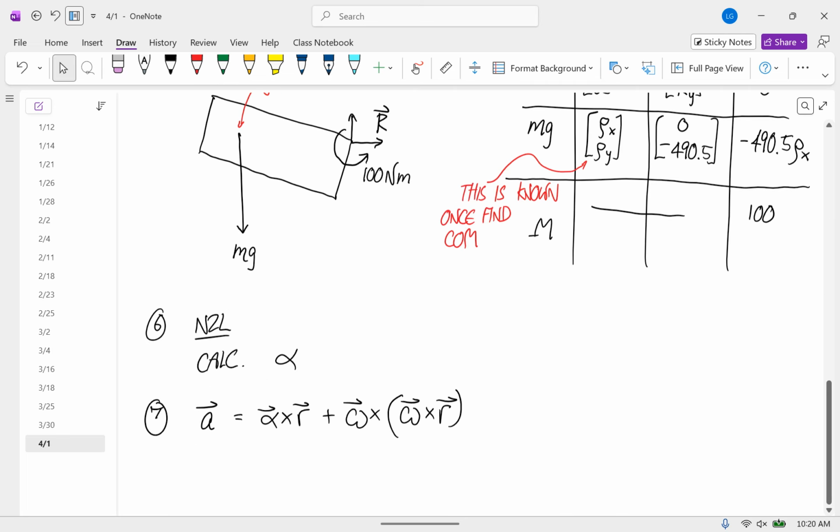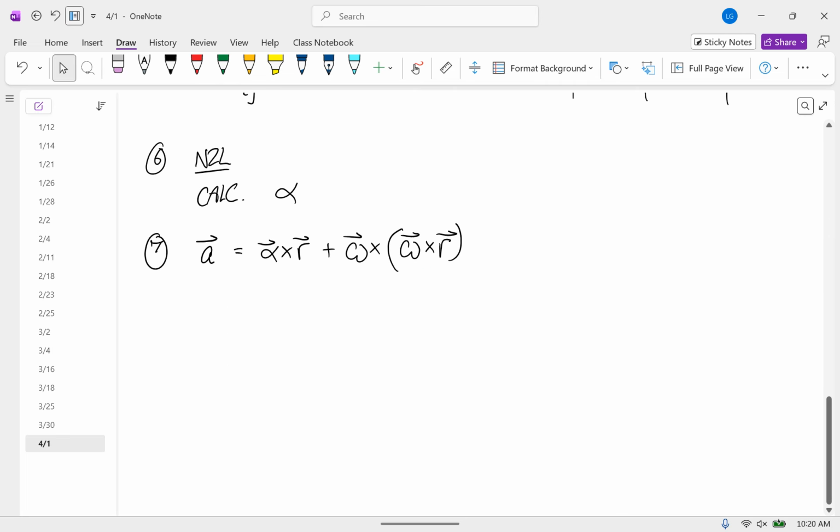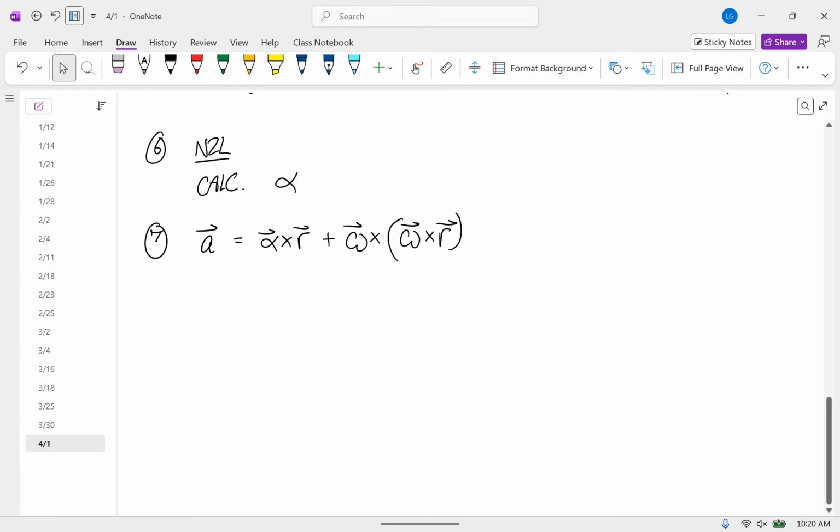Okay, so that is it for that one. Now I need to go into linkages. This really is just piggybacking on rigid body kinetics.